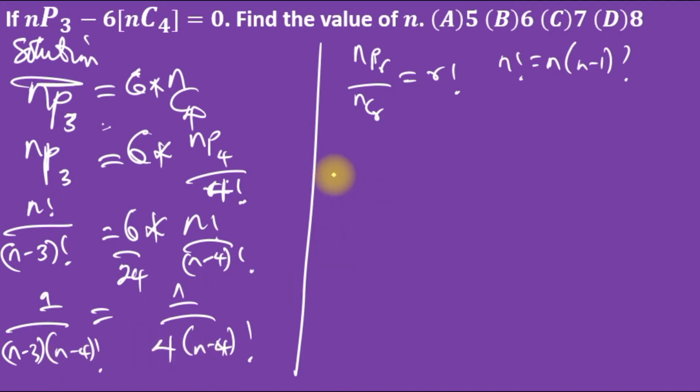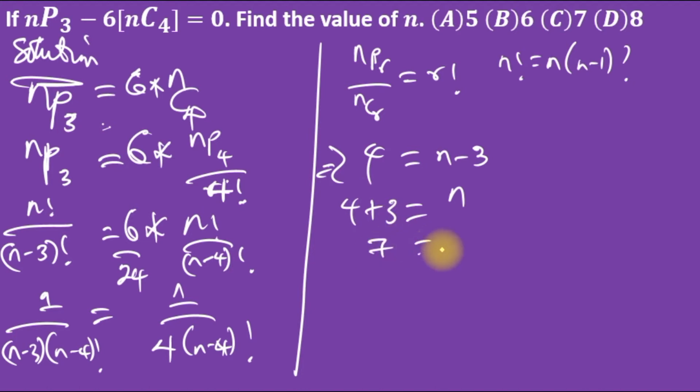You cross multiply, and we are left with 4 equals n minus 3. So n is 4 plus 3. Our answer is 7. Our n is 7, which is C.